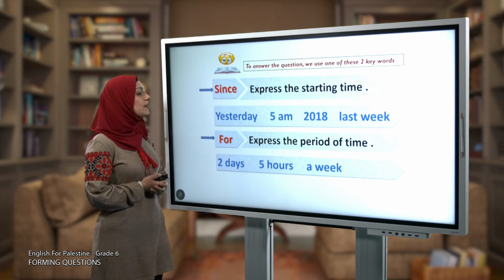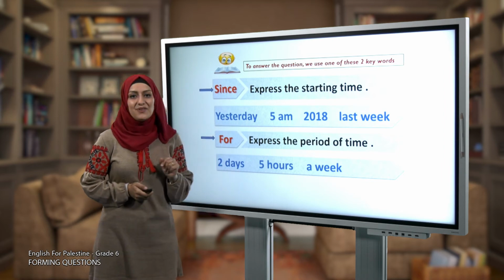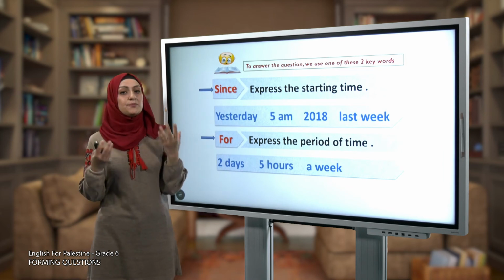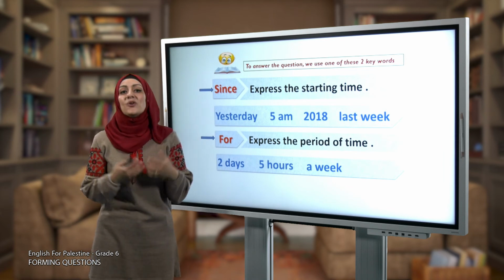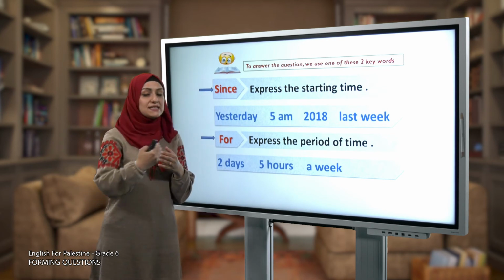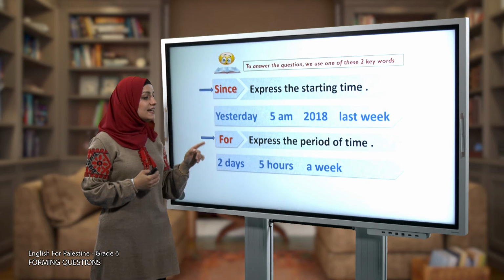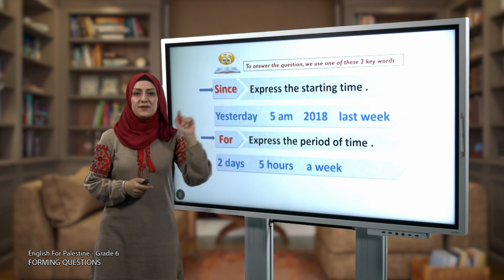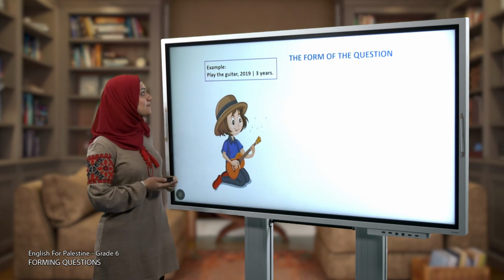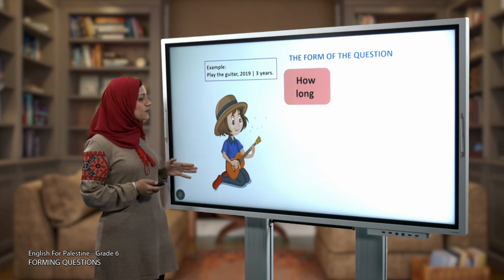I haven't seen my parents since 5 a.m. So both since and for are used to express the period of time, but since shows us the starting time, while for expresses the period of time. Excellent.